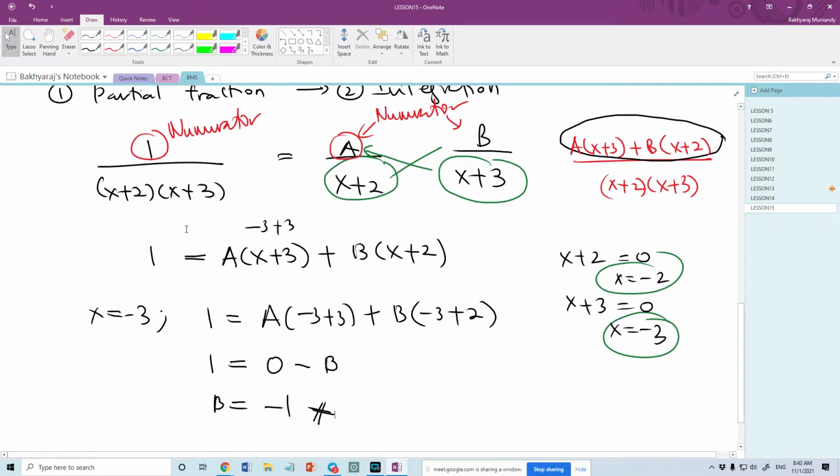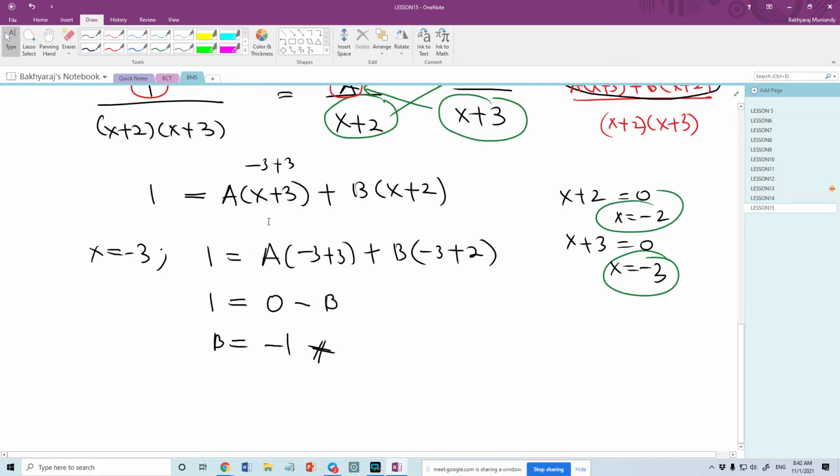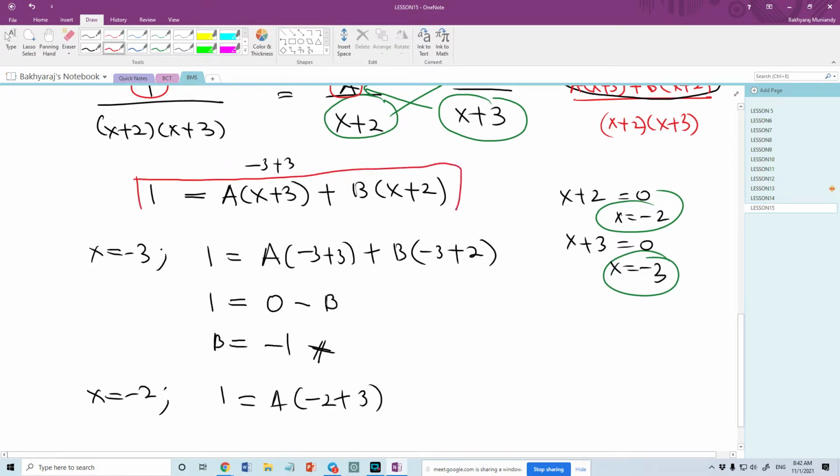Okay, the next part, I substitute negative 2. So with negative 2, similarly, 1 equals A times (negative 2 plus 3) plus B times (negative 2 plus 2).